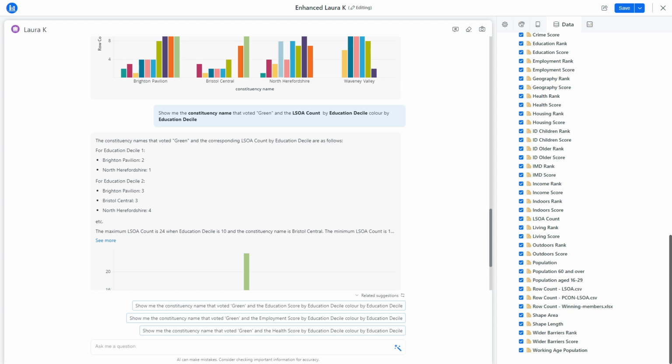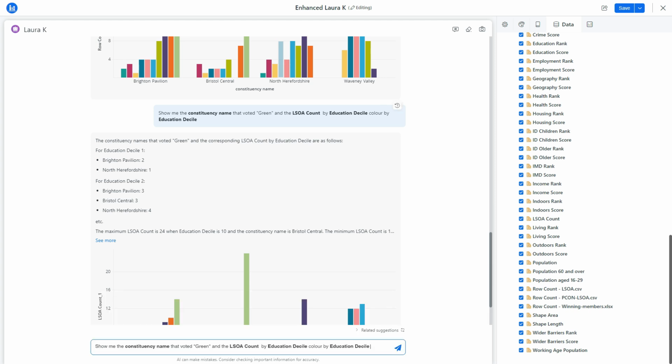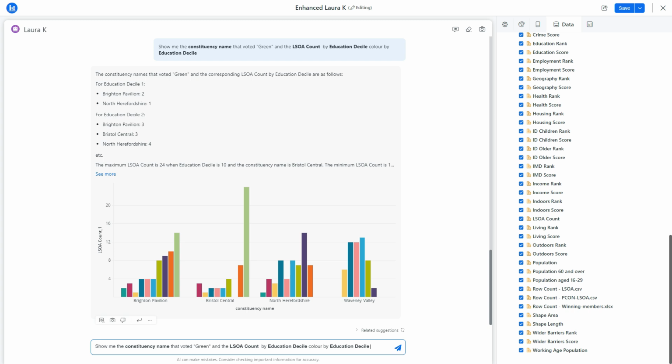So what we're going to do now is change the metric. I'm replicating the question there, and what I want now is to look at adult skills decile.